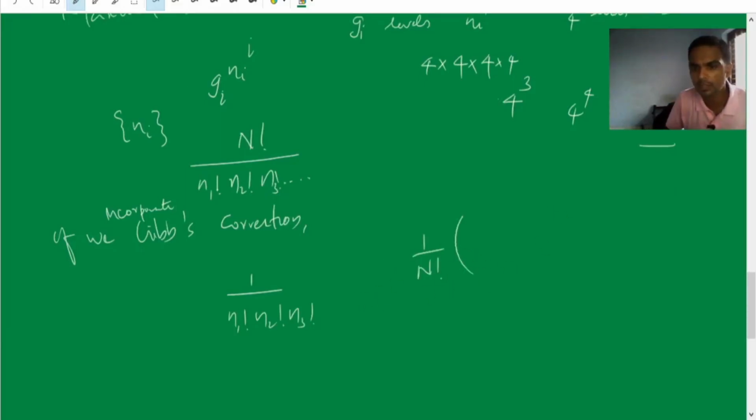We have to multiply with a factor 1 by N factorial. Then we will get the corrected number of ways.